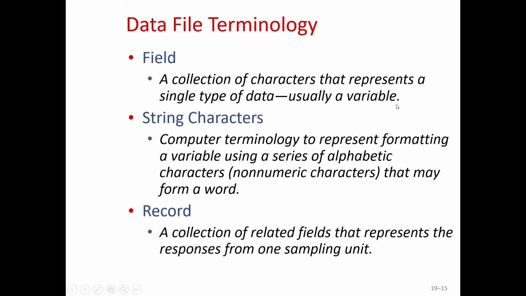The variables are represented by string characters, which in computer terminology are a series of alphabetic, non-numeric characters that may form a word. String characters often contain long fields of 8 or more characters. In contrast, a dummy variable is a numeric variable that needs only one character to form the field. Generally, a field forms the column of a data set.